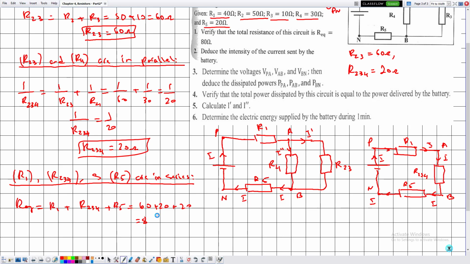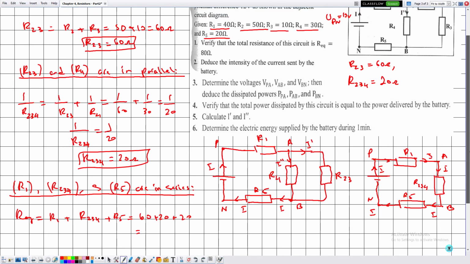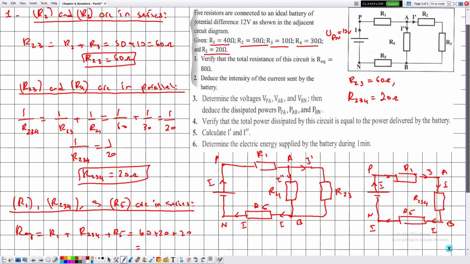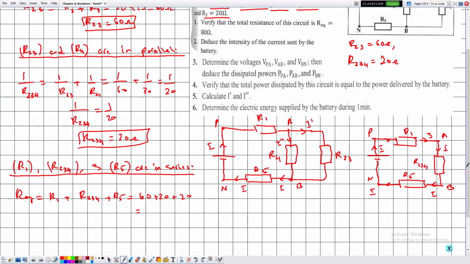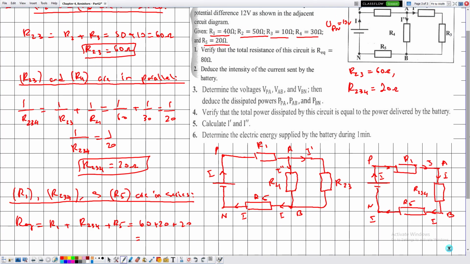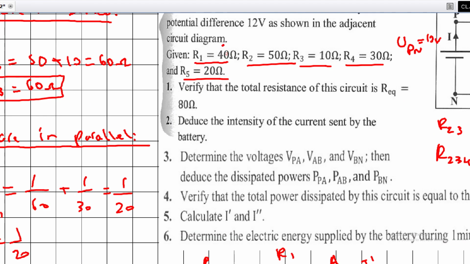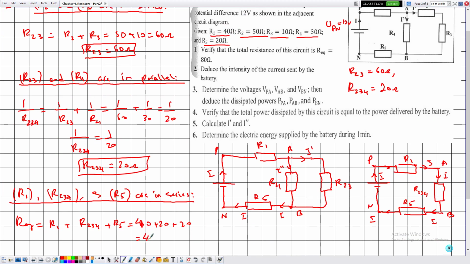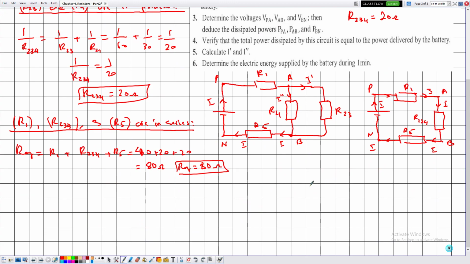Because, let me see, no, okay, sorry, R1 is given by 40, so R1 is 40 plus 20 plus 20 is given by 80 ohms, so R equivalent is equal to 80 ohms, and it is convenient to represent this in a new electric circuit.